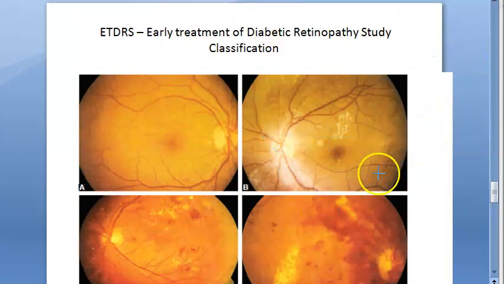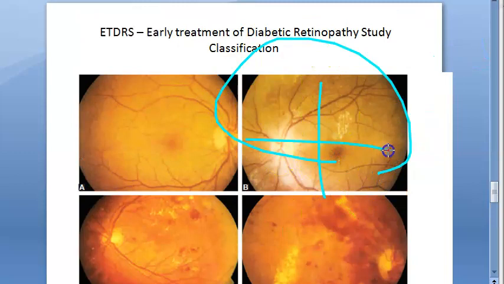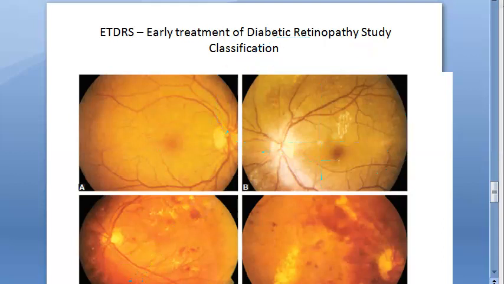Those things may or may not be present. But definitely what needs to be there is microaneurysms, intraretinal hemorrhage in 2 or 3 quadrants. Mild IRMA can be there. Hard or the soft exudates, that means the cotton wool spots, may or may not be present. Okay. Now let us move on to the third one here.